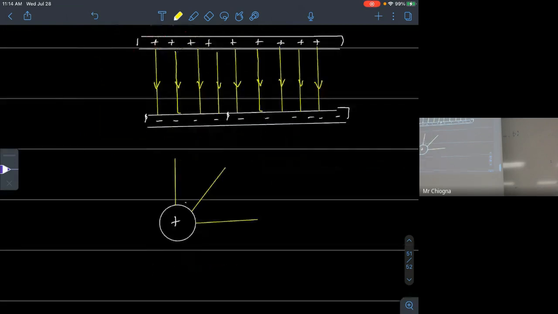Field lines spread out like rays of the sun. And yes, they point away. That's a point charge.